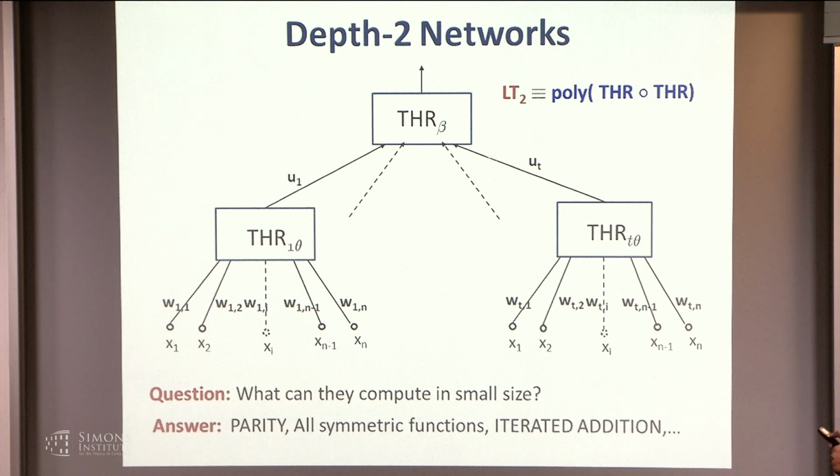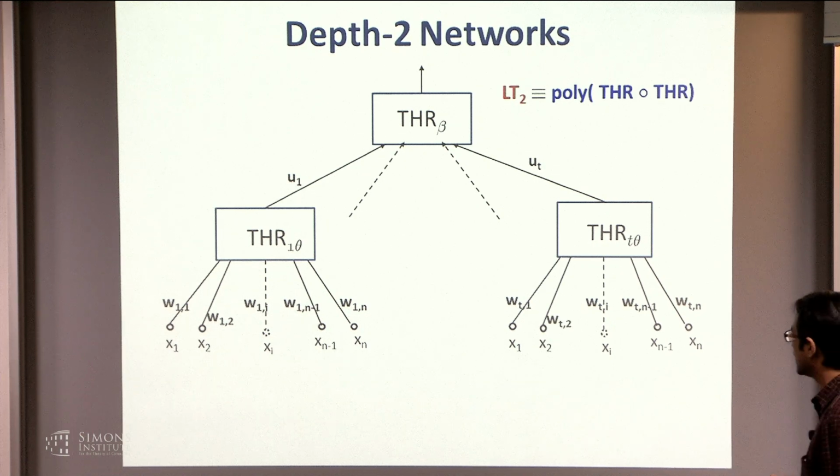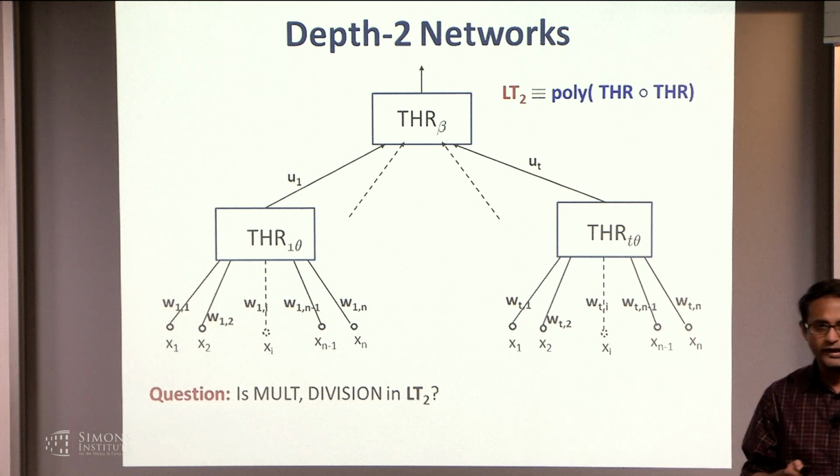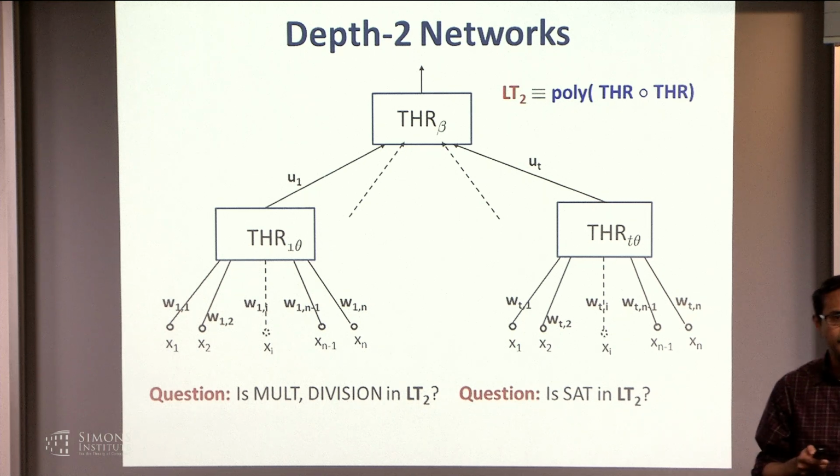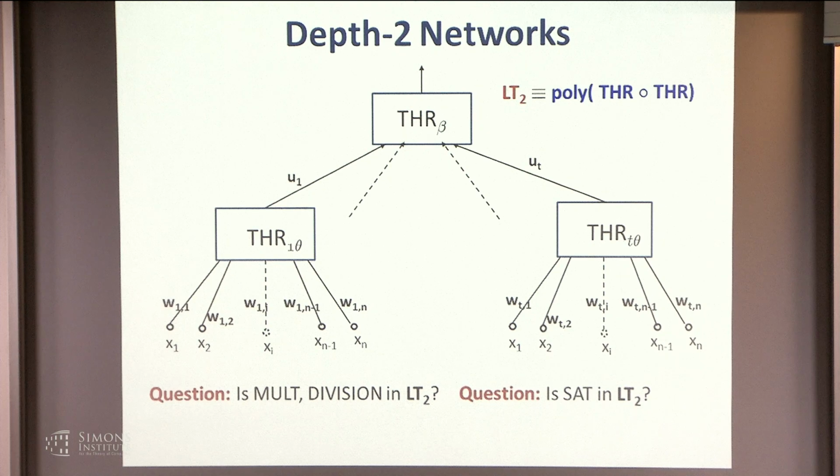And as I said, I will represent these kind of circuits with LT2, which means polynomial of threshold. So the question is, what can't these functions compute? Can they compute multiplication of 2 integers, division? Well, we don't know. We don't even know whether satisfiability can be computed efficiently by these networks.